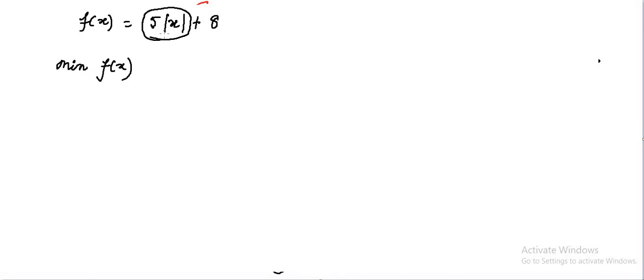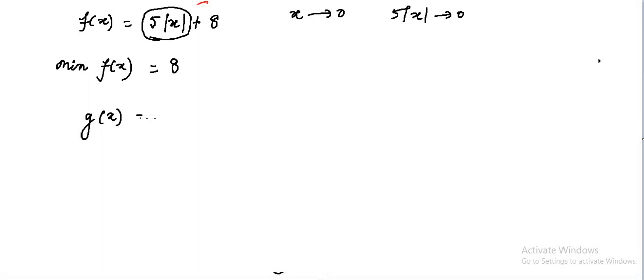For doing this, when my x tends towards 0, then I will be getting the minimal value of mod x. Then my mod x will be tending to 0. Thus, at x equal to 0, I am going to get the minimum value, and the minimum value that I will be obtaining will be equal to 8.